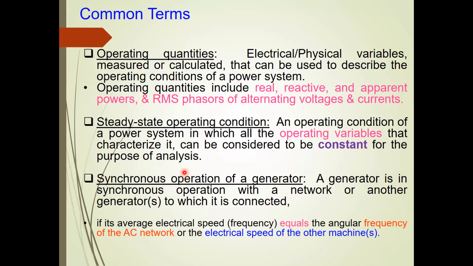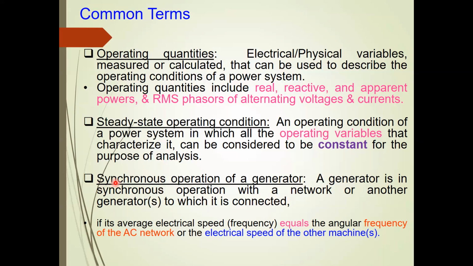We will never say that this generator is in synchronism. We will say that this generator is in synchronism with respect to other generators or the complete network. That means synchronous operation is always a relative term.